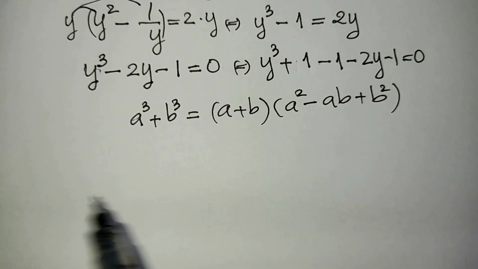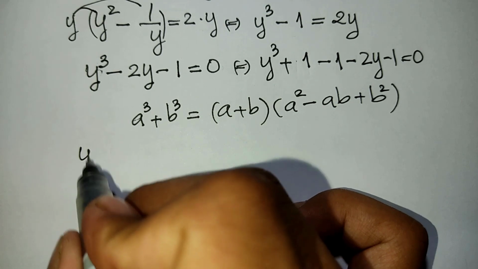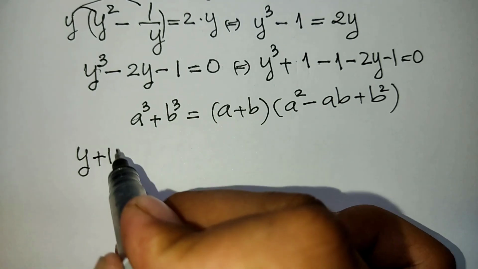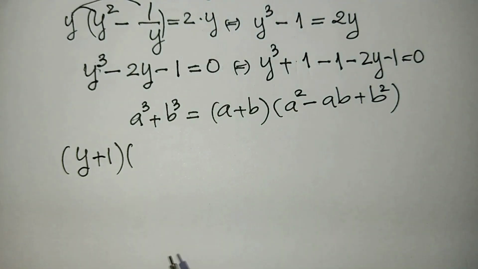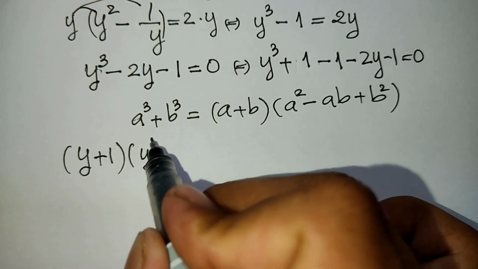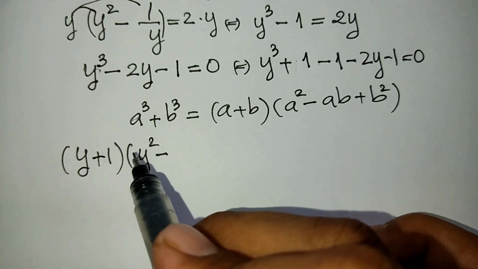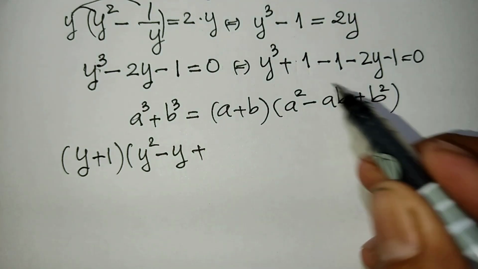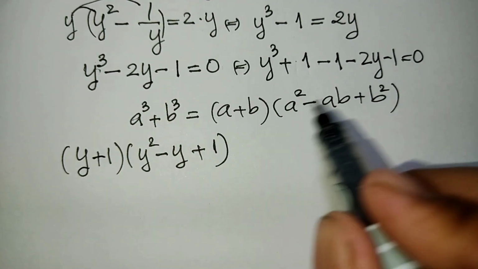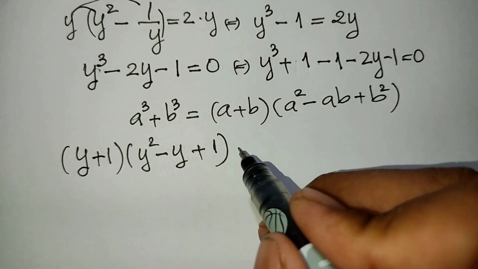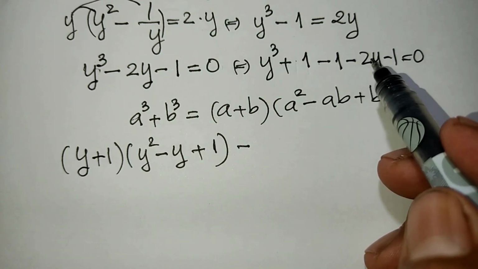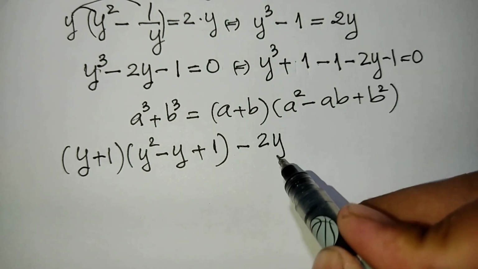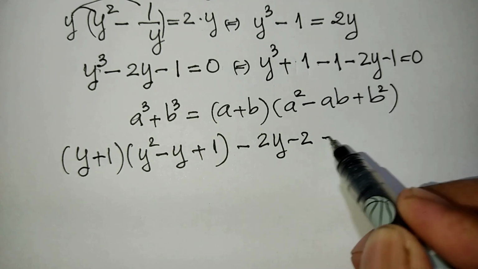And so here we get y plus 1 multiplied by y squared minus y times 1, we get y, and plus 1 squared equal 1. And here is minus 2y and minus 2 equals 0.